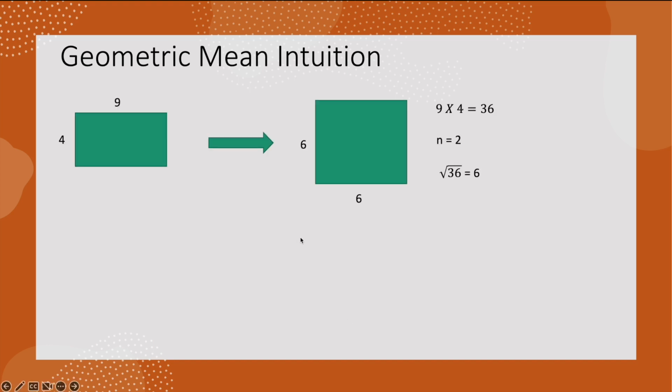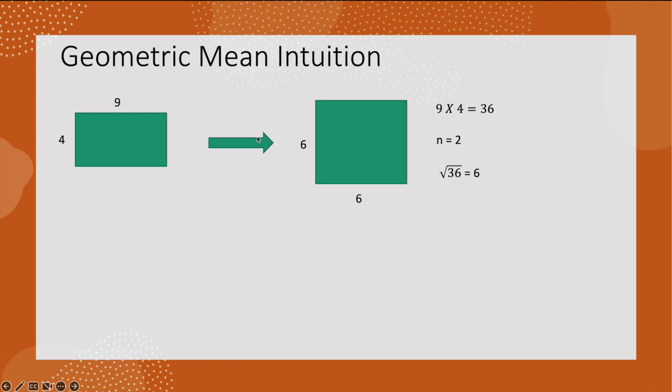Let's say we have a rectangular plot of land, 9 meter by 4 meter. 4 meter is the width, 9 meter is the length. Now, geometric mean represents this: give me a square which has the same area as this rectangle, having length 9 and width 4. What would be the side of that square?